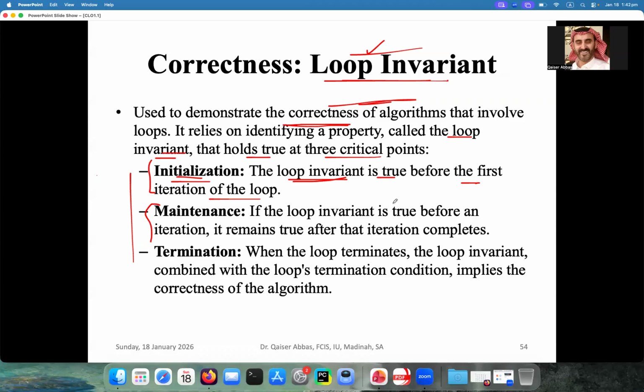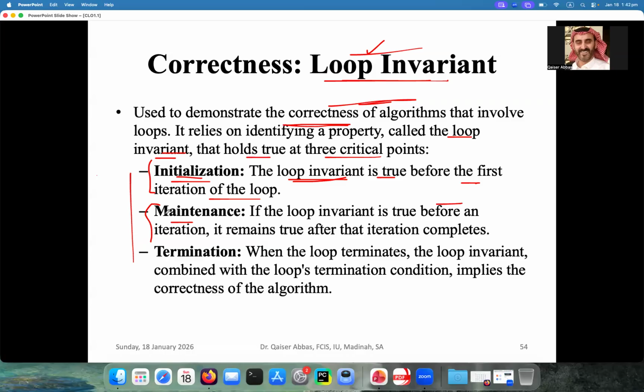If the loop invariant is true before an iteration of the loop, it remains true after that iteration completes. If some loop invariant is true before the execution of the iteration, it will be true after the completion of the iteration.